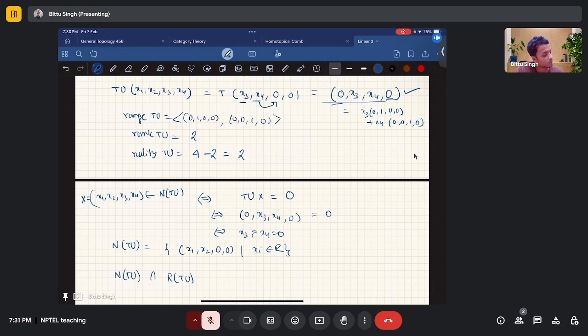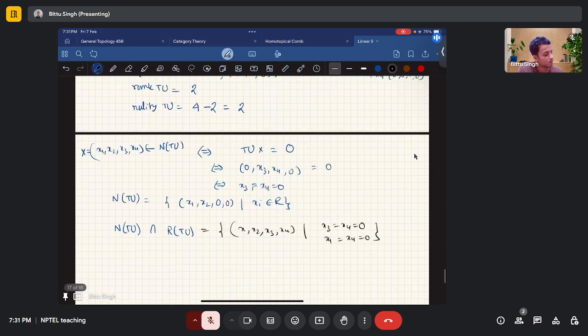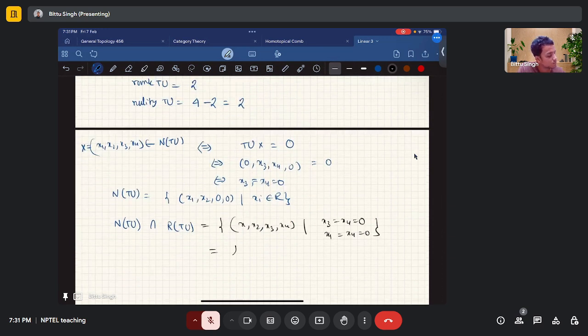So together we are getting x1, x2, x3, x4 such that the third and fourth are equal to 0, and the first and fourth are also 0. This is equivalent to saying 0, x2 can be anything, x3, x4 are also 0.